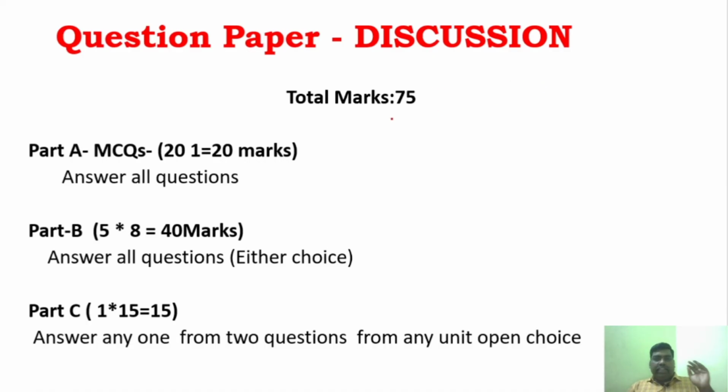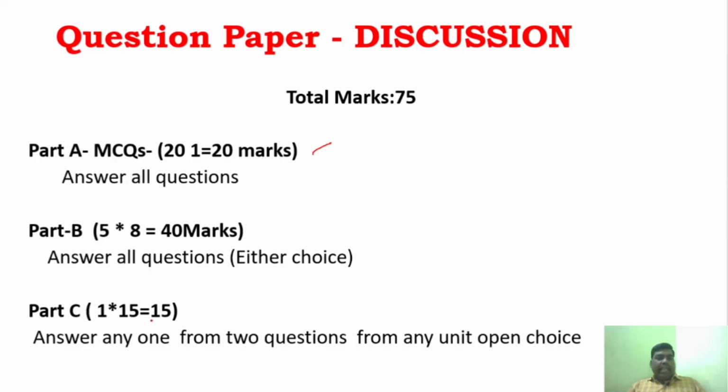It will be a 75 mark question paper, and in part A you'll have 20 marks. Make very sure you get maximum marks in the MCQs. In part B you have to answer 5 questions with either-or choice. That is, in each of the 5 units you will have 2 questions with either-or choice. If you study the questions which I have given, you should be able to attend at least 1 question for sure.